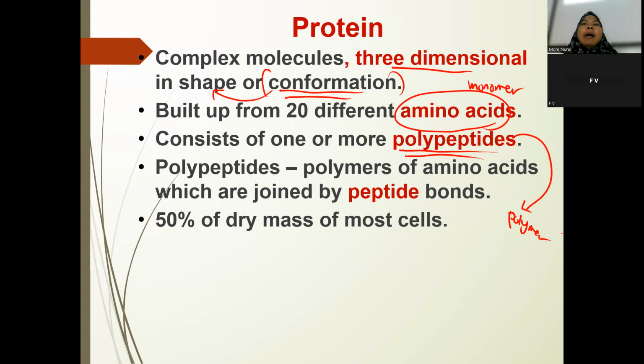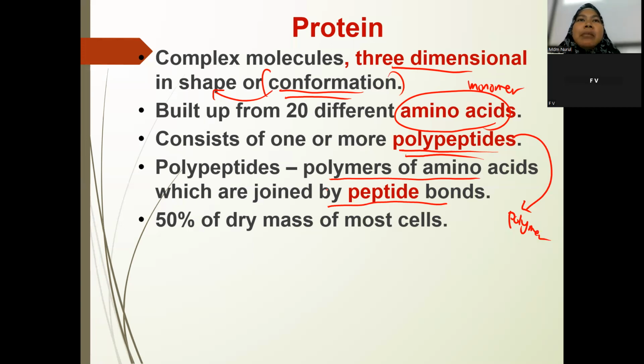Polymer. Apakah polimer untuk protein? Polypeptide. Faham eh? Apakah polimer untuk karbohidrat? Polysaccharide. Kan? Okay. What is polypeptide? Polypeptide is polymers of amino acids. Rantaian panjang amino acid that is joined together by peptide bond. Nama ikatan dia peptide bond.